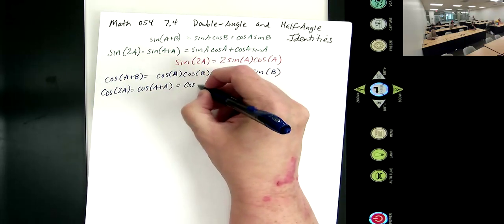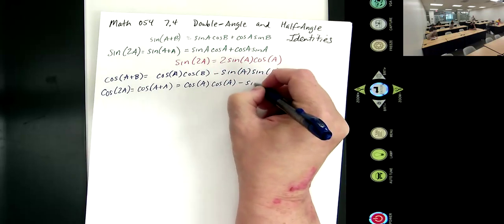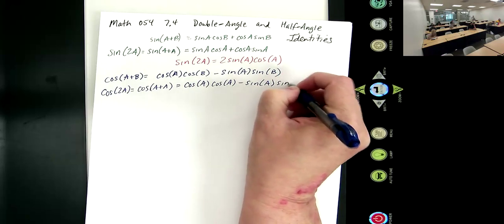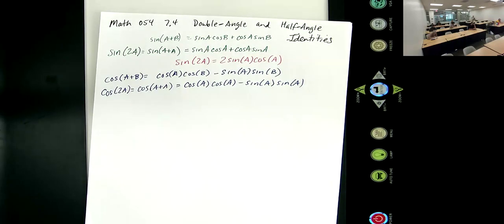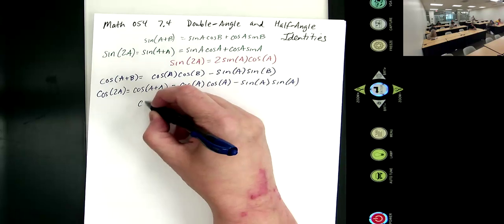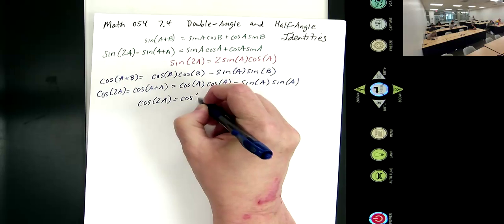We have cosine a cosine a minus sine a sine a. And that cleans up to cosine squared a minus sine squared a.